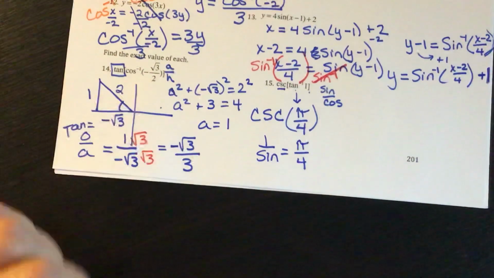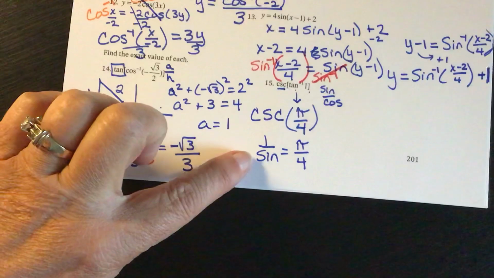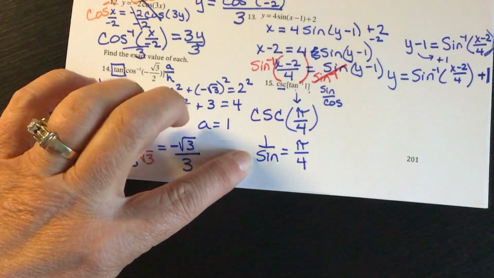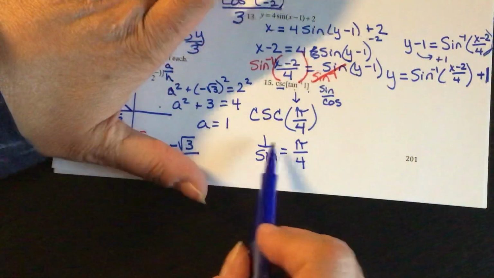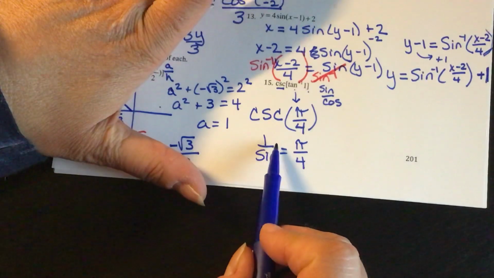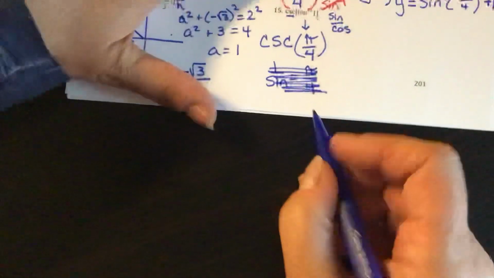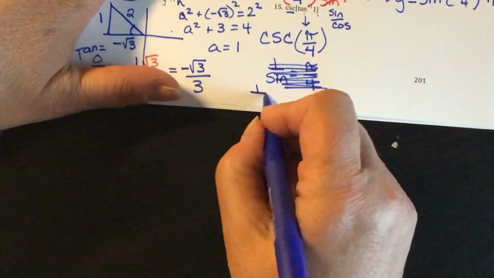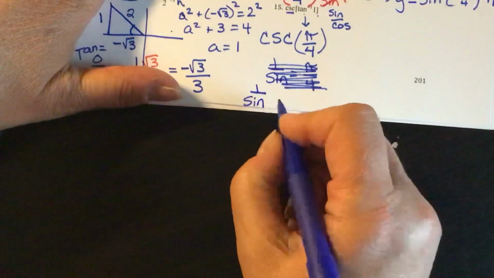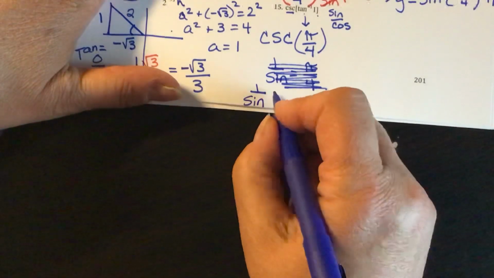So let's do this a little bit differently. I have 1 over sine of pi over 4.